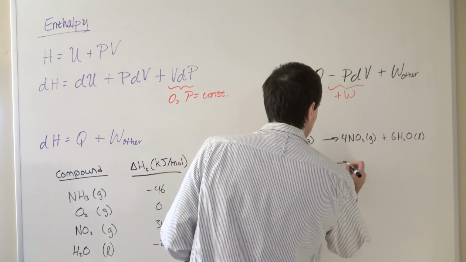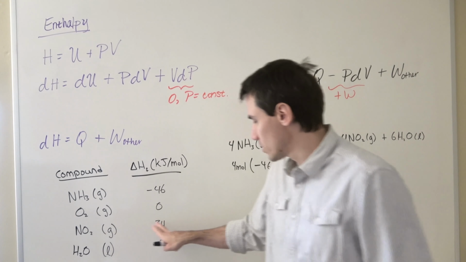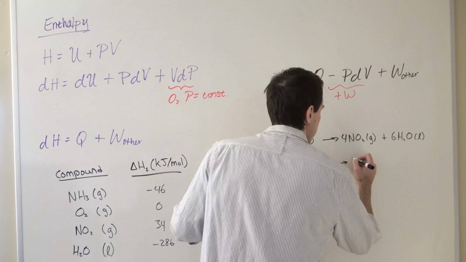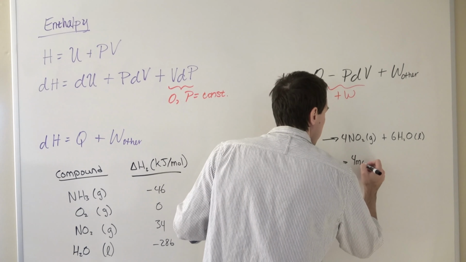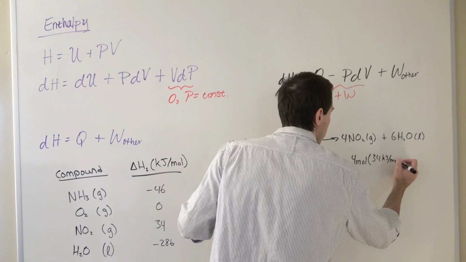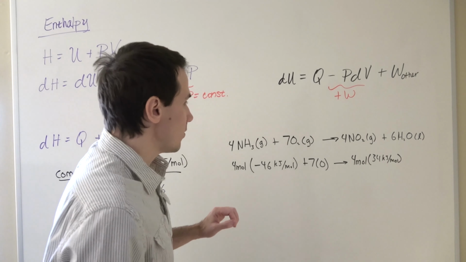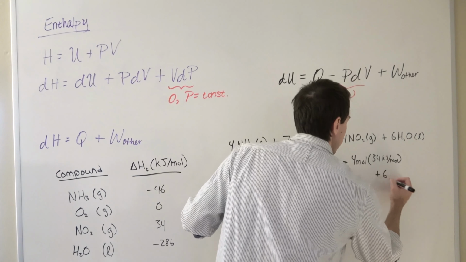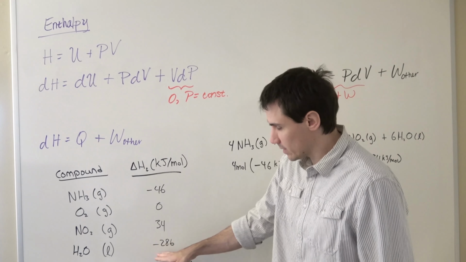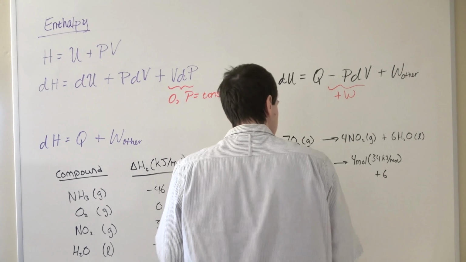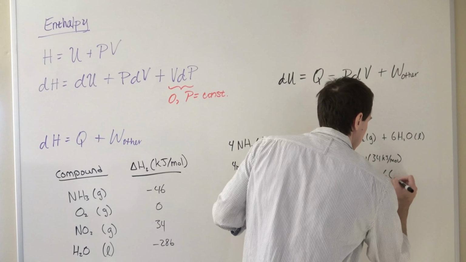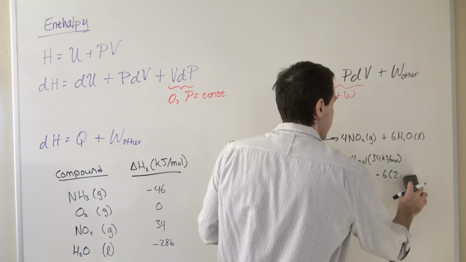And then we have on the right hand side nitrogen dioxide with a delta H of 34, and we have 4 of those, so we have 4 moles multiplied by 34 kilojoules per mole. And then finally we have 6 water molecules, and water has a delta H of negative 286. So we will subtract 6 times 286.